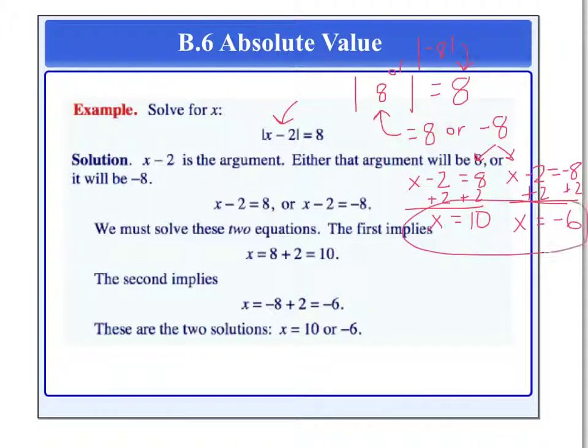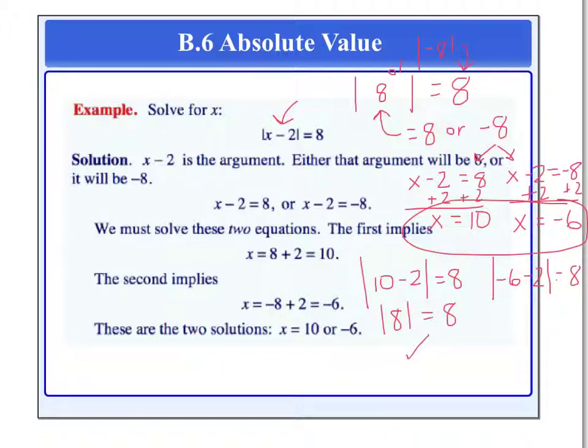Notice they aren't just opposites of each other. And what you want to get in the habit of doing is going back to the original and plugging it in. So I'm going to take 10, the absolute value of 10 minus 2 is 8, and the other one, the absolute value of negative 6 minus 2 is 8. And I'm going to check. 10 minus 2 is 8, and the absolute value of 8 is 8.